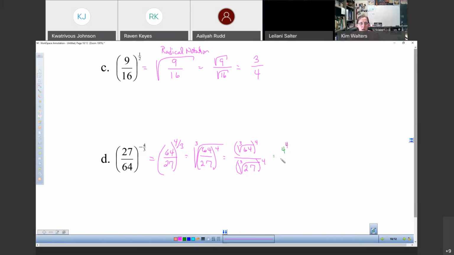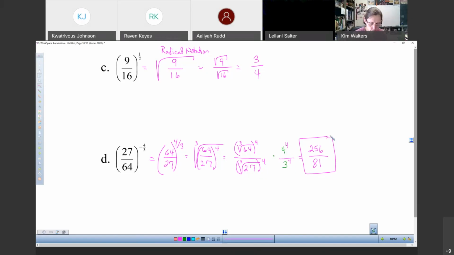And then in the denominator, the cubed root of 27 is 3. And that's going to be to the 4th power, okay? And so now I'm going to do 4 to the 4th power. 4 to the 4th power is 256. You can do it in your calculator. 3 to the 4th power is 81, and that is my final answer.